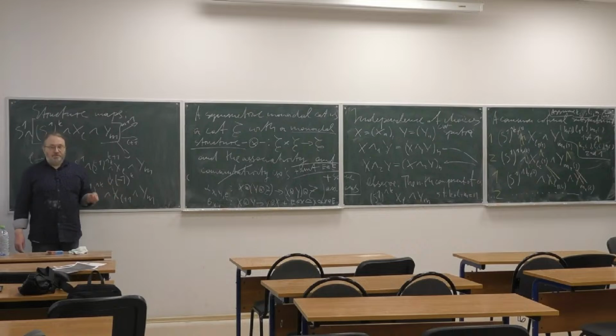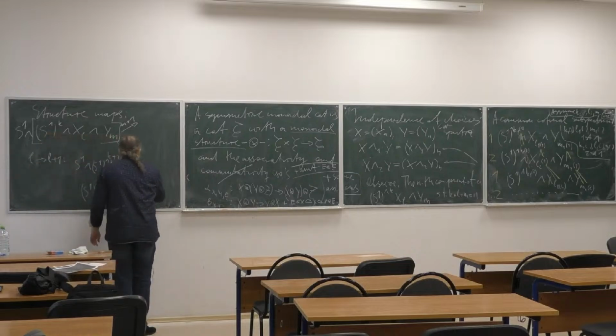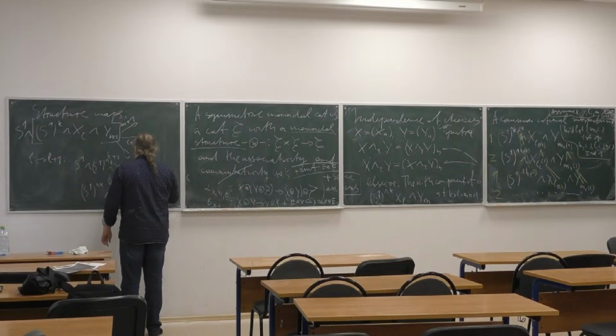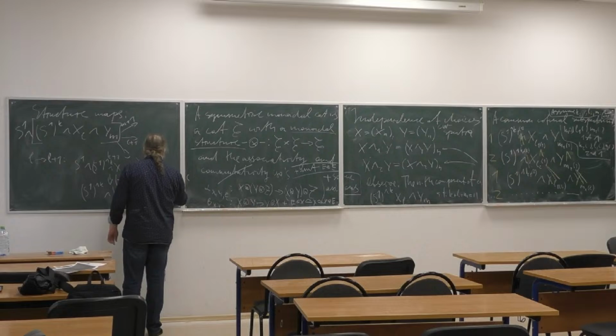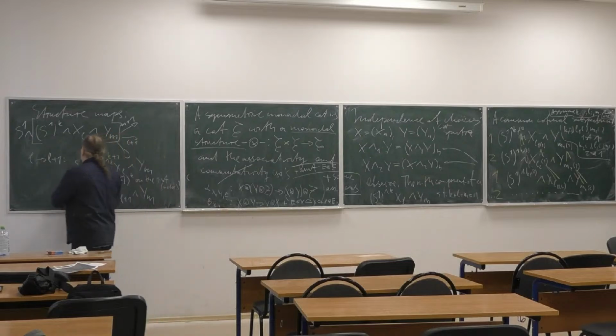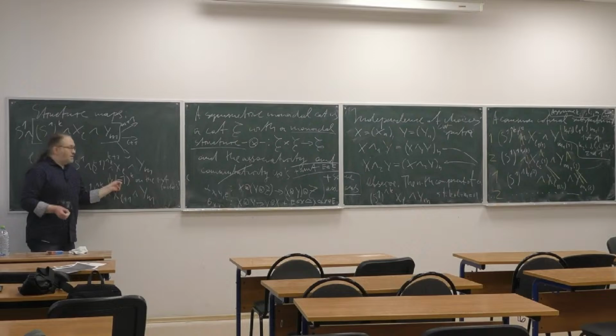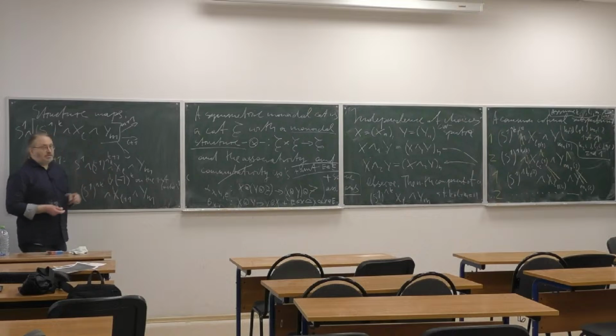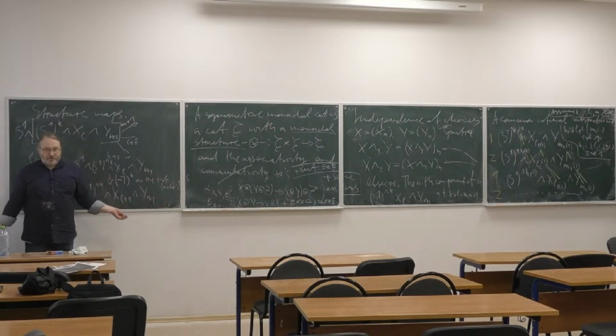This group may not be abelian, but it's a group. So if this -1 to the k is -1, we just invert the first coordinate. If it's +1, we do nothing.